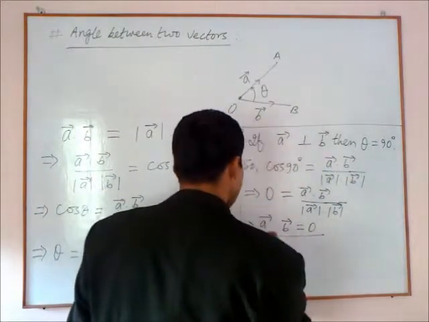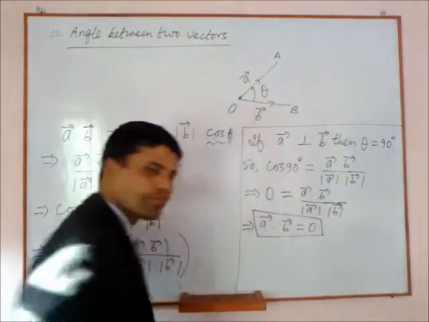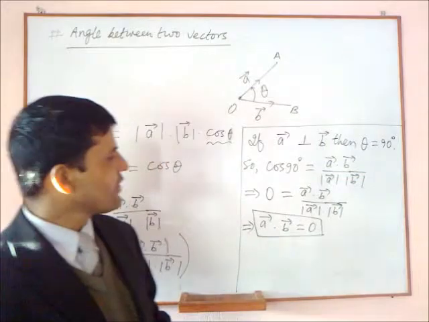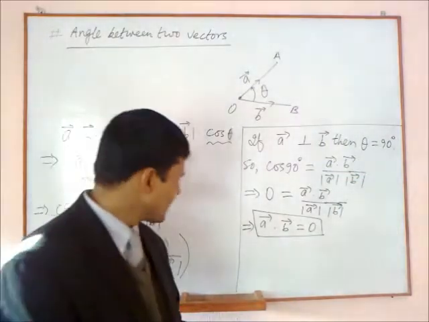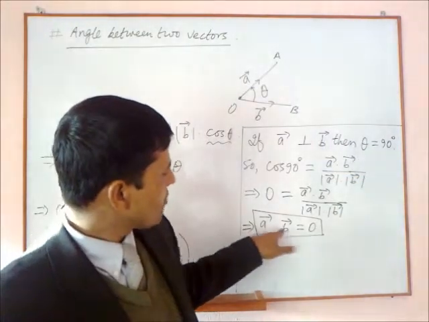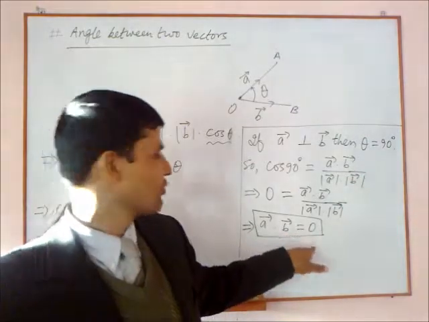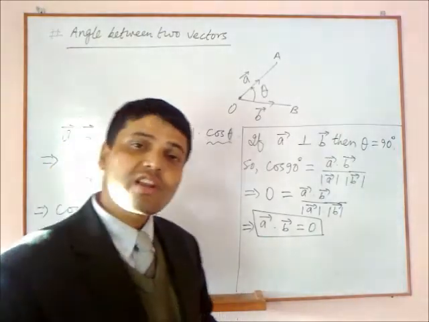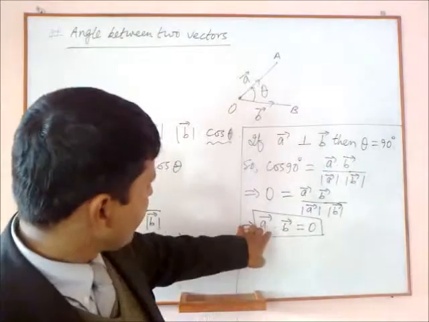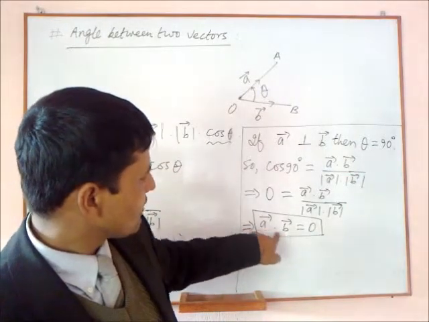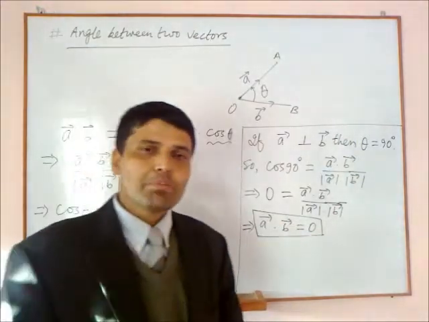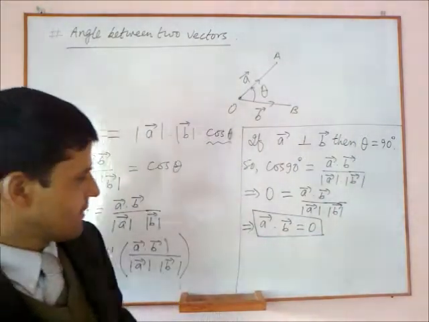So this is the condition in order to be these two vectors perpendicular to each other. It means if the product of two vectors is equal to 0, here product means we consider scalar product. If the scalar product of two vectors is 0, then the two vectors are perpendicular to each other.